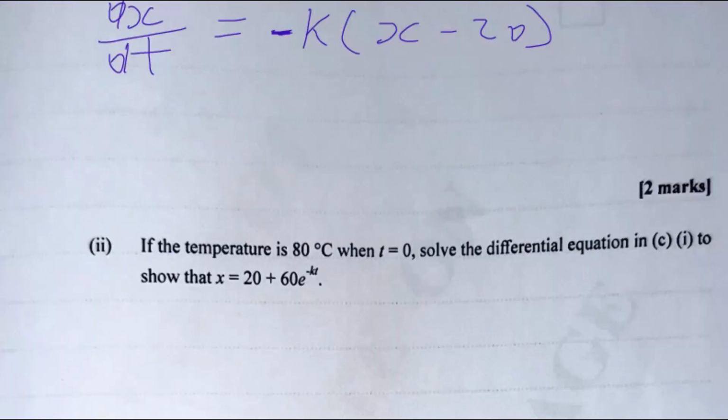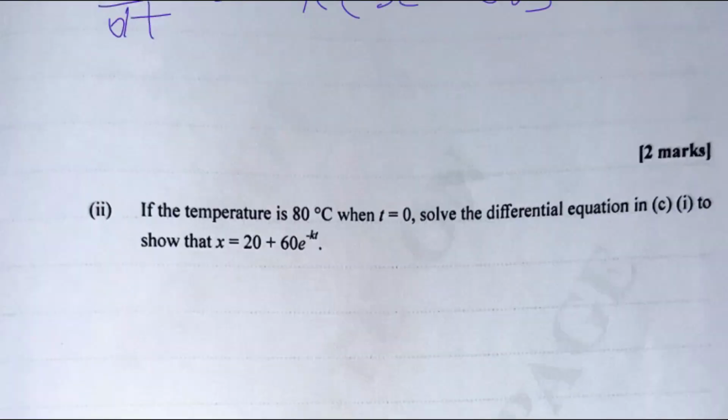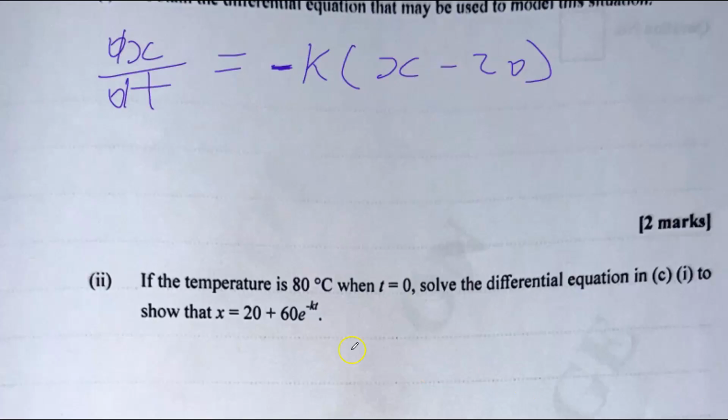Now, if the temperature is 80 when t is 0, solve the equation in C1 above. Remember temperature is represented by x, so substitute x equal to 80 and t equals 0.